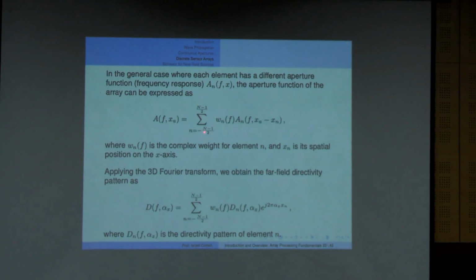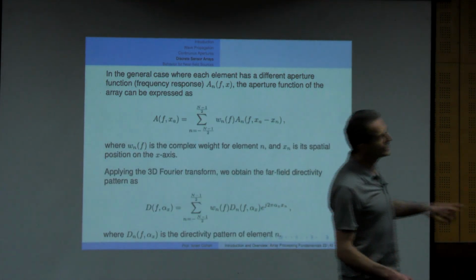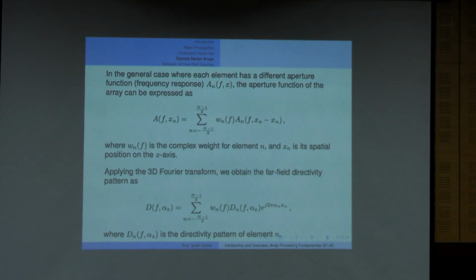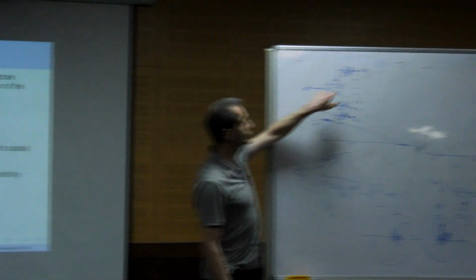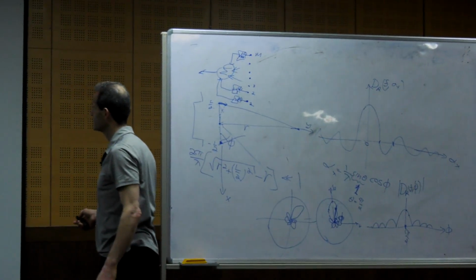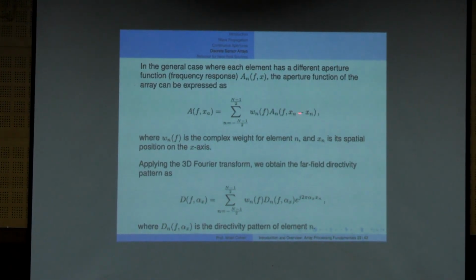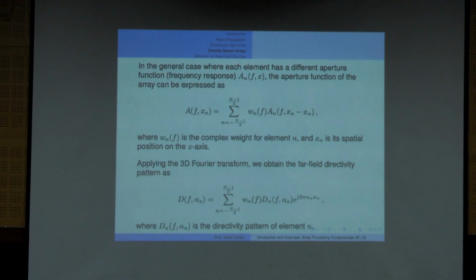So in this example, we have N discrete sensors, and we put them from minus (N minus 1) divided by 2 to (N minus 1) divided by 2. So we assume that N here is an odd number, but it doesn't have to be. It's just a summation, a superposition, like this. The aperture function of this summation will be the summation of the aperture function of each individual one, shifted to a certain point.